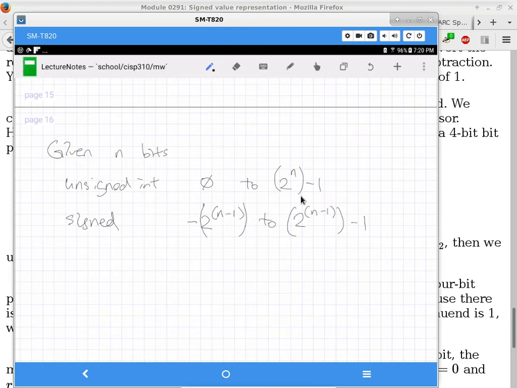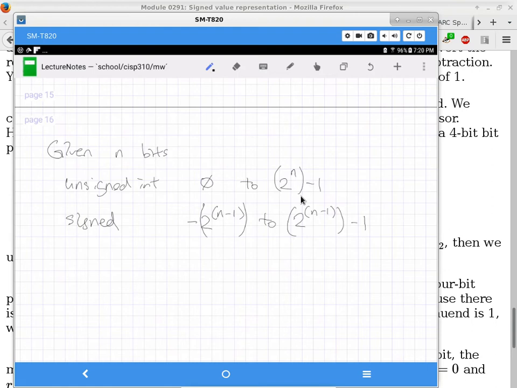Would it also be true that the second part would be 2 to the n minus 1 divided by 2? Could it also be that? This part can be, but only this part. This is 2 to the power of n, the whole thing divided by 2.